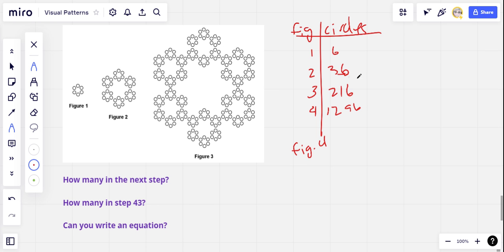And in this type of pattern, if you try to take the differences, that's 30. And then what is 216 minus 36? I'm just going to do this on my calculator so I don't make silly errors. So 216 minus 36, that's 180. And then 1296 minus 216 is 1080.